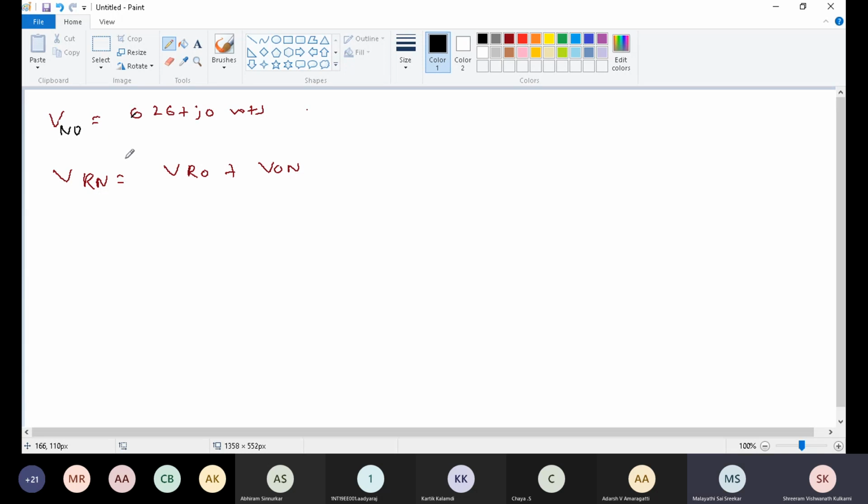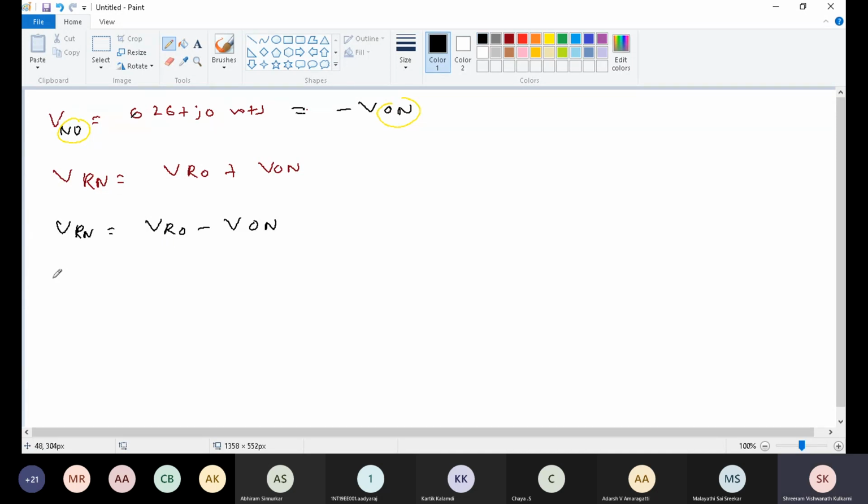Yes, V_N0. Here it is V_ON, so this sign will change. That is V_RN equals V_R0 minus V_ON, equals V_R0 minus V_ON. Just check your N0 and ON.